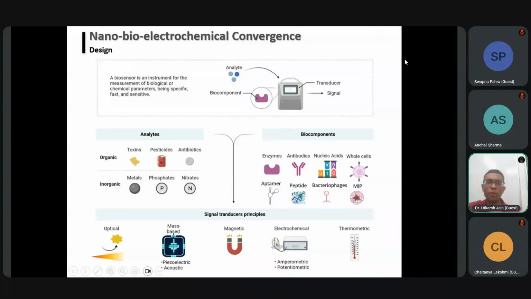I have discussed the analyte. That analyte can be inorganic materials or organic materials. Organic materials can be, say, if I'm going to detect a bacterial infection, Mycobacterium tuberculosis. Mycobacterium tuberculosis is a bacteria which causes the infection and causes tuberculosis in the lungs.